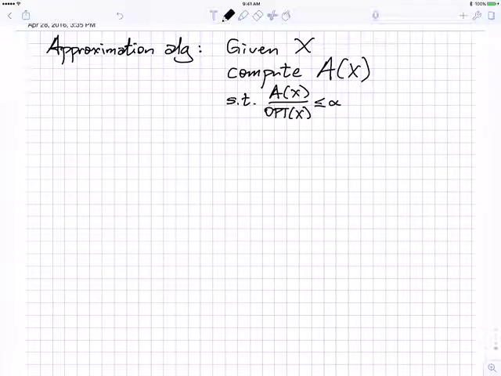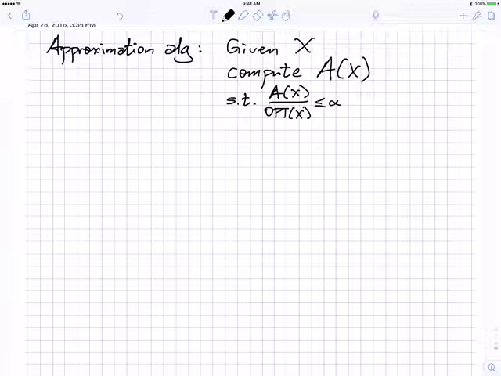So on Tuesday, I showed an algorithm based on minimum spanning trees, for example, that, given a graph with weighted edges that satisfy the triangle inequality, I can compute a Hamiltonian cycle, a of x, that is at most twice as long as the shortest Hamiltonian cycle. So the ratio between the cycle I compute, a of x, and the optimum cycle, opt of x, is at most 2.